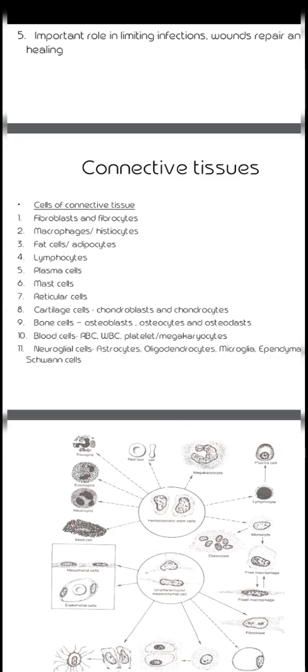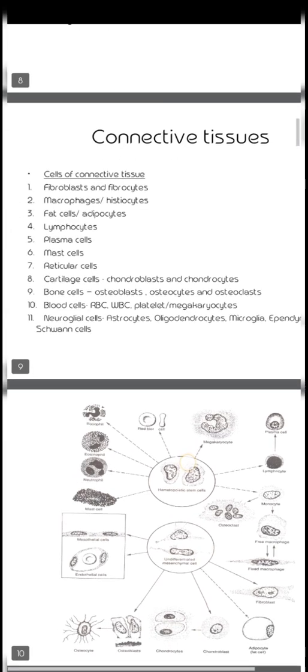They compile together a memory of all the infections that have taken place in the history of that person. Mast cells are the basic cells which fight against different types of allergens. Reticular cells are those cells which form the blood lines, blood cells.